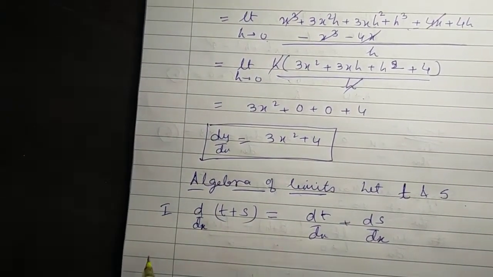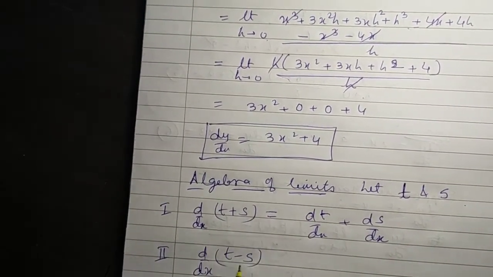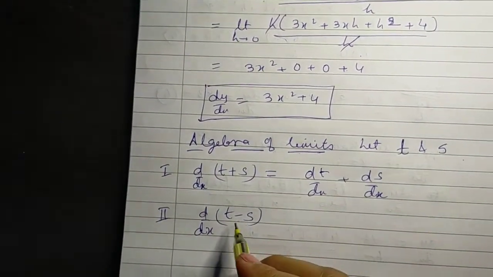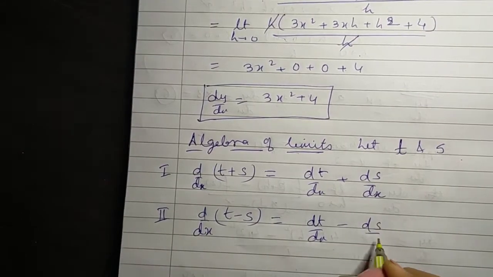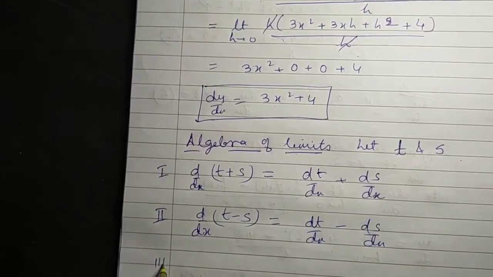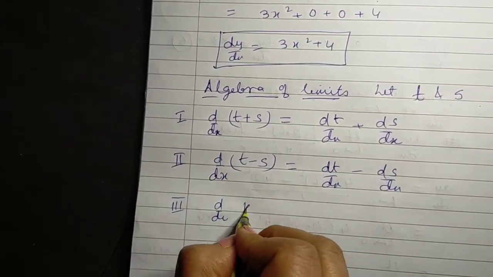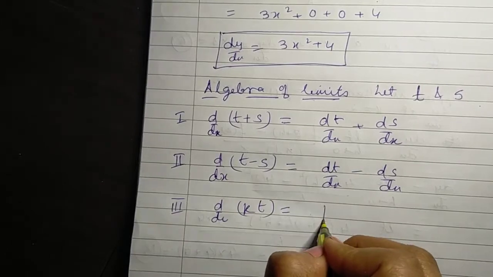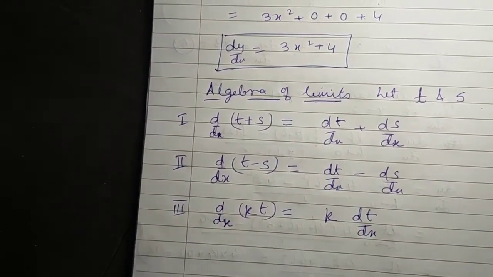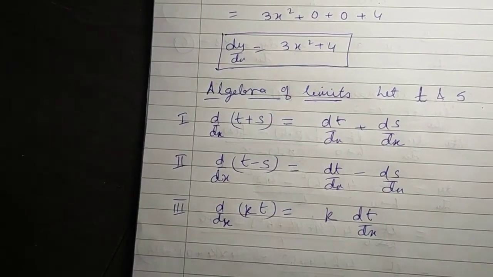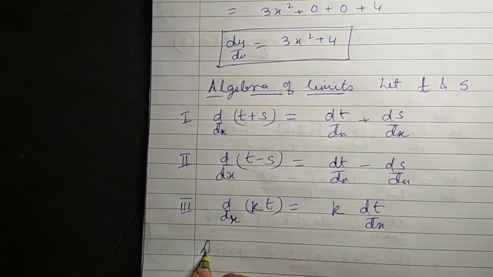Same way, the derivative of the difference of two functions is equal to the difference of the derivatives. And as seen in the first example, the derivative of a constant times some function is equal to the constant times the derivative of that function.